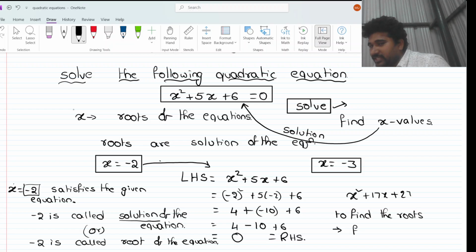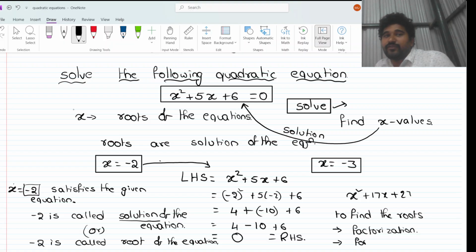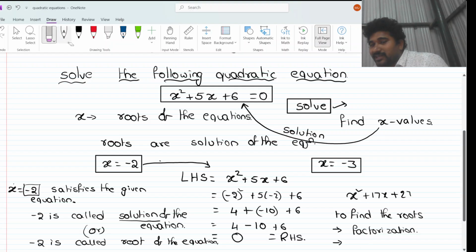The first one is the factorization method, which is nothing but the splitting the middle term method. The second method is the quadratic formula method. What is the formula, do you know?